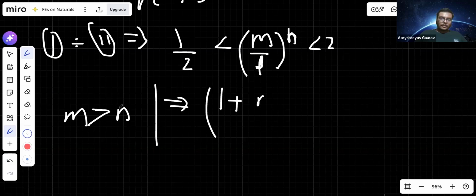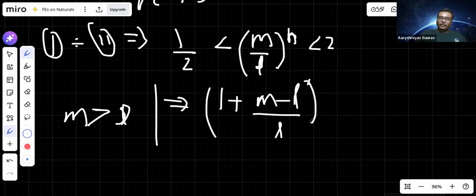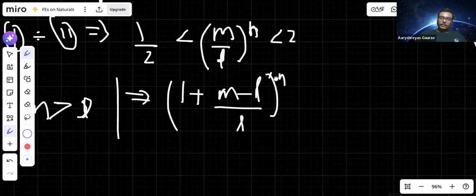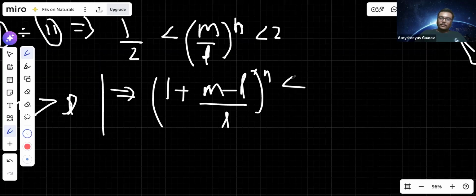From 1 plus, oh, wait a second. Why do I keep writing n in this place? This is L. So it will be (m minus L) by L to the power n less than 2.